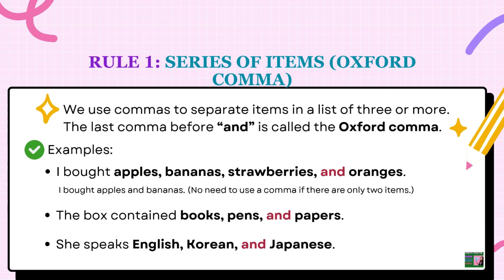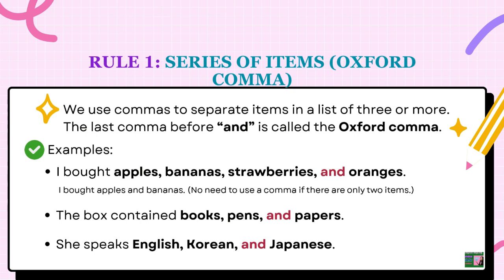Again, this sentence has three items in a list: English, Korean, and Japanese. We place commas between each item, and the Oxford comma appears before the word "and." It prevents confusion and clearly separates each language in the list.